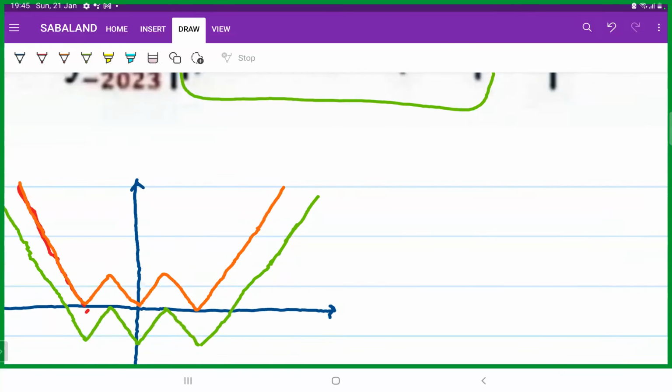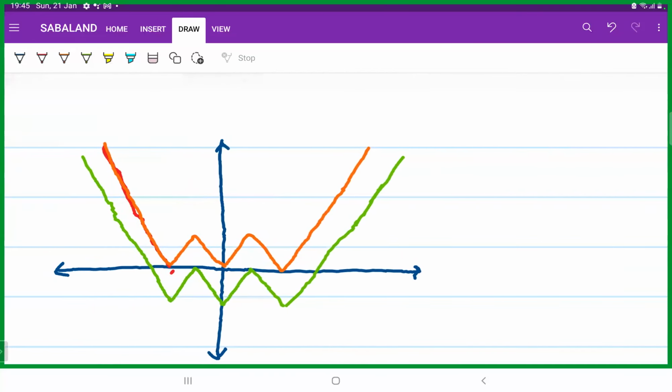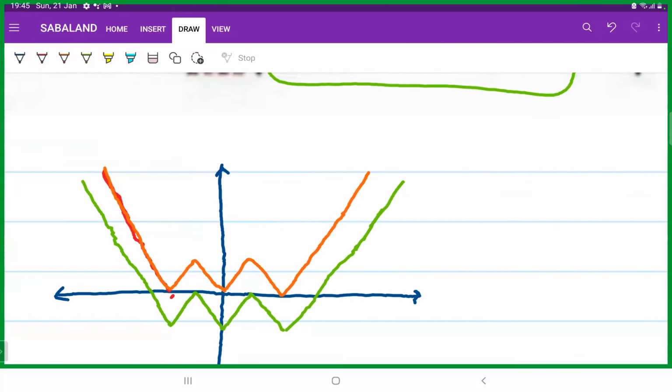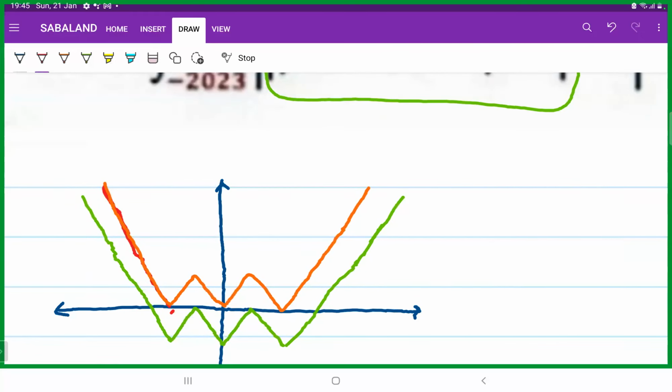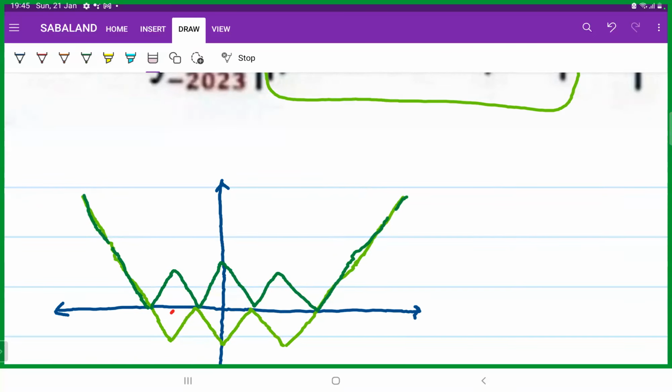Because of this, we will now be having this graph. Look carefully. I'm running out of colors now. We will be having this graph. Again, this red orange color graph is non-existent, and this light green color graph is also non-existent.